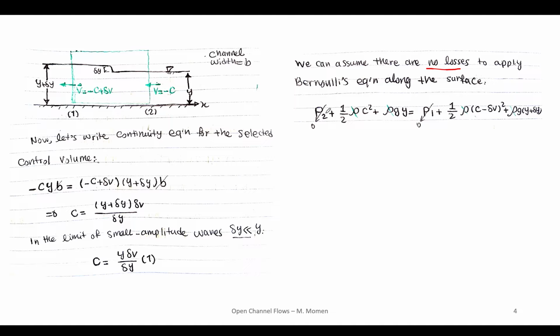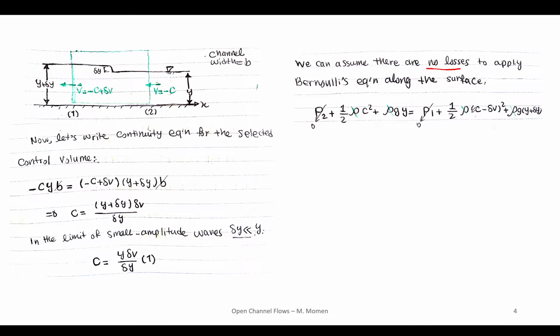I'm just going to write it down. P2 at section 2 plus 1/2 rho c squared, which is the velocity here, plus rho g y equals P1 plus 1/2 rho (c minus delta v) squared.